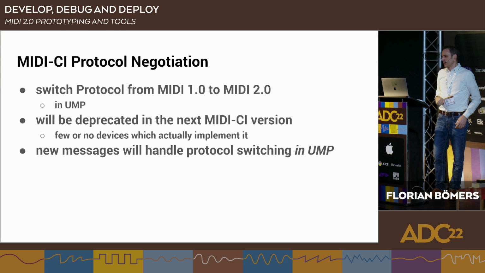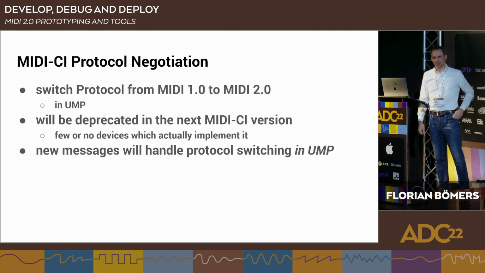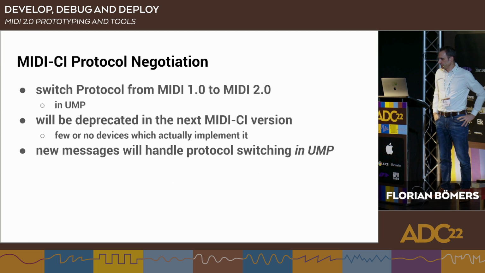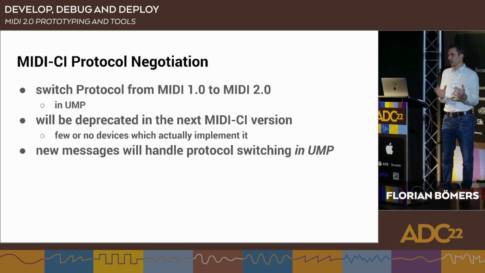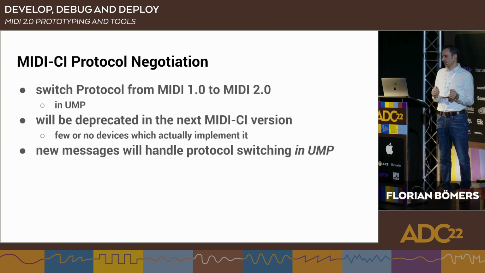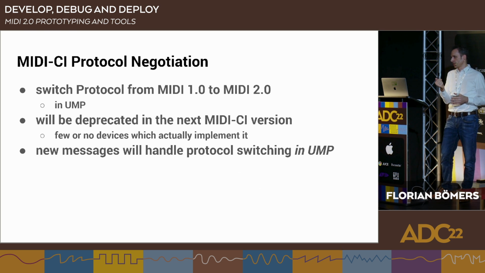Okay, let's see. MIDI-CI protocol negotiation is used to switch from MIDI 1.0 to MIDI 2.0 protocol, but that is actually happening on the UMP layer. So the MIDI Association found that it's kind of strange to have that switch in MIDI-CI, since MIDI-CI is on MIDI 1.0 transport.